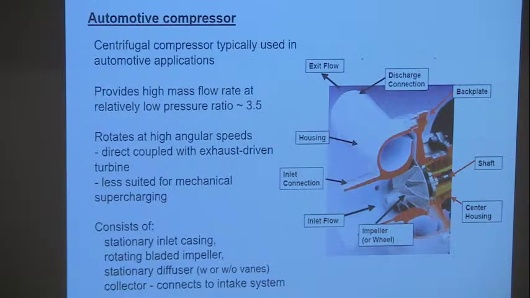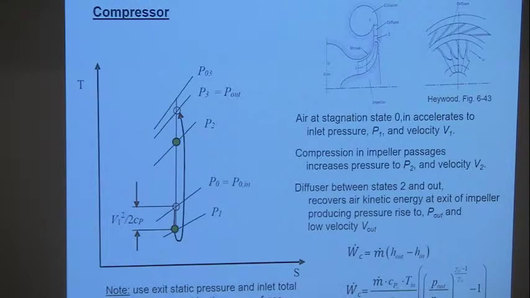So here's just a picture of them. You have your impeller here. Your inlet flow is, of course, accelerated by the impeller. And then through a nozzle arrangement, you pressurize the gas, which is then used to provide the boosted pressure for the inlet. So here's just a cross-sectional view of that.